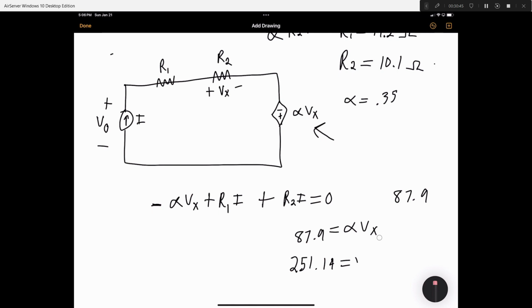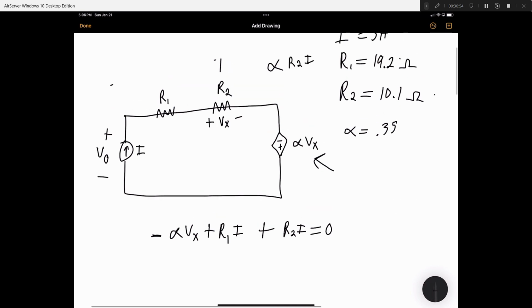Let's ignore everything I've done so far. The voltage drop across this is equal to R2 times I, which is equal to V of x. We can sub that in there, and we can say alpha times R2 times I. That'll give us the voltage there, which is 10 point something.